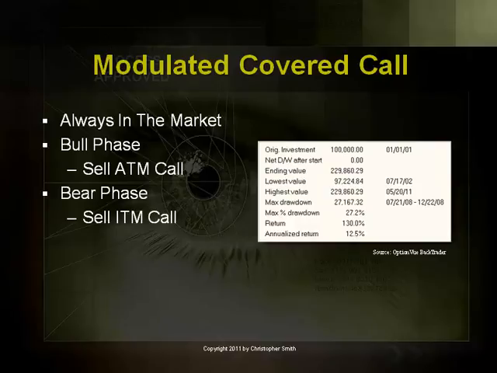Our highest value was our ending value, which was the $229,000. Our max drawdown at any period of time was 27%, which is roughly a 27.2% max drawdown. Our return was 130%. Our annualized return was 12.5%.